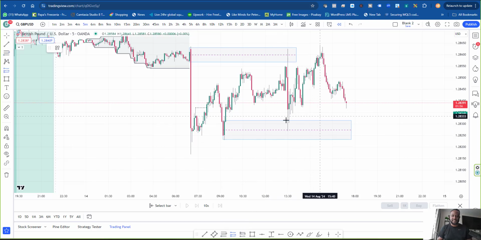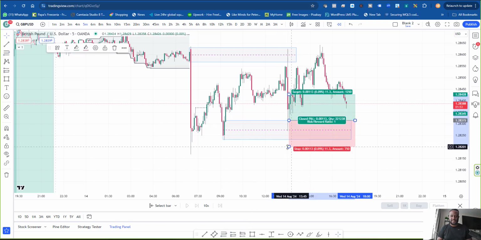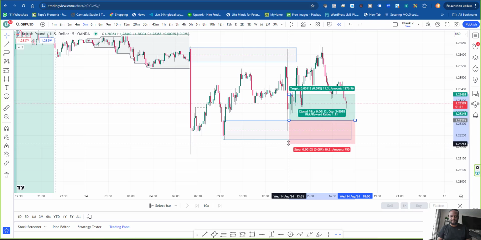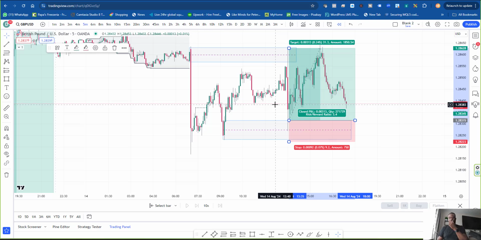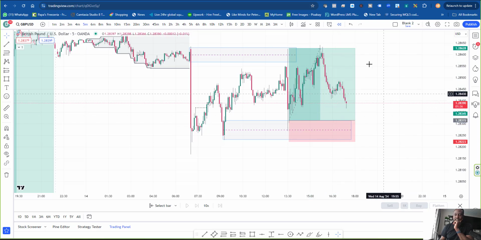So demand entry here, stop loss here. That was around 10 pips, all the way up 3 to 1. Clean trade as well, right? So both ways 3 to 1, as it were.